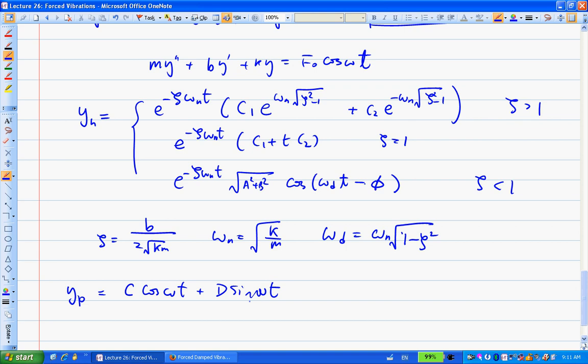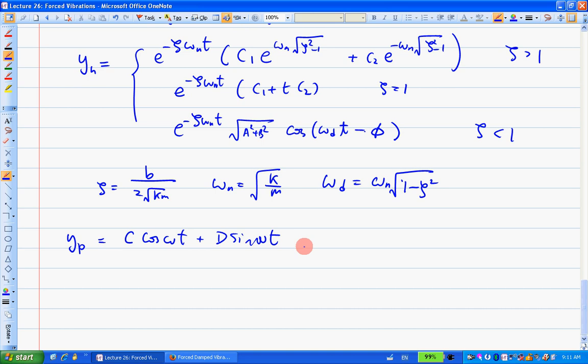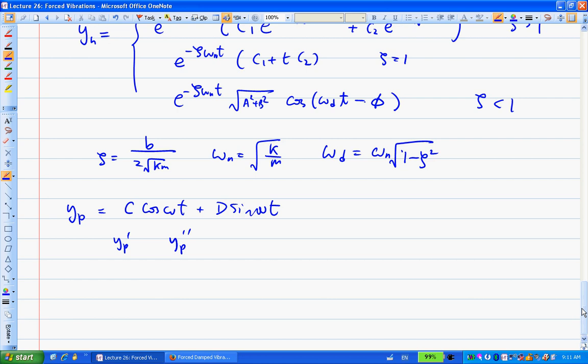Anyway, you do the same thing. You calculate the yp prime, yp double prime, substitute in, and then solve for C and D. This time the C and D are not as clean as the previous case. So I'm going to shorten the writing of my yp. We solve for C and D, and we end up with a yp term with a C something and a D something.